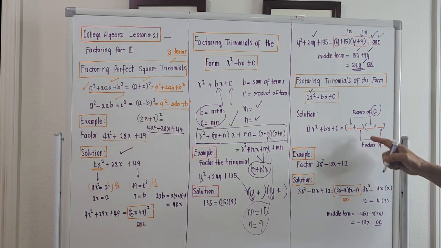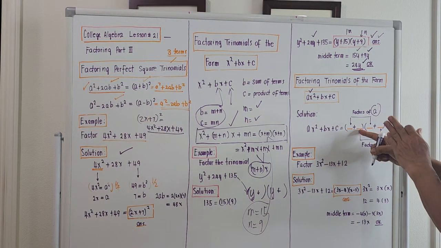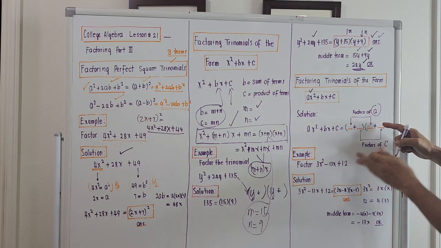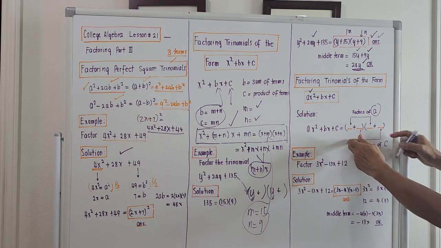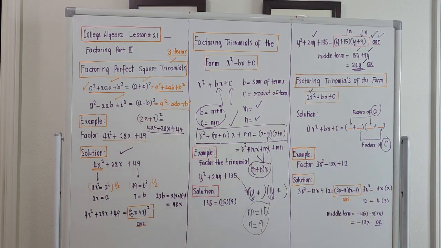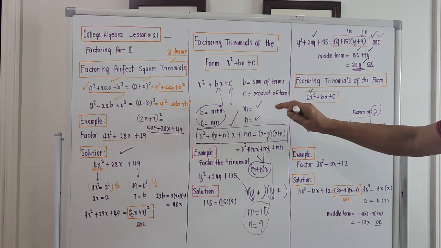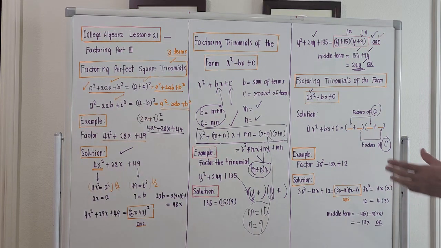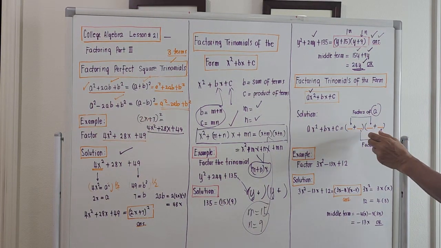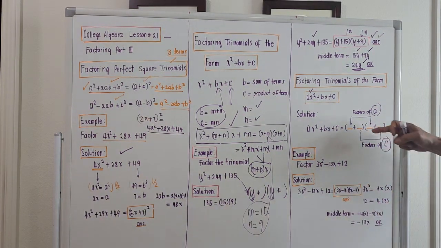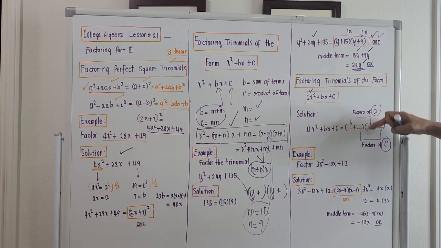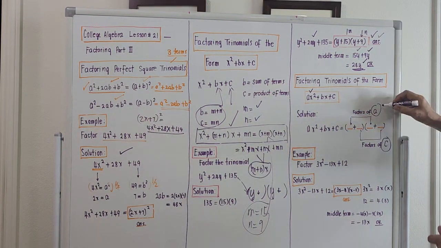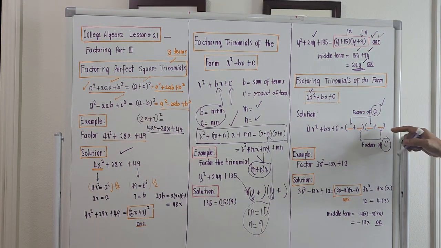And the second blank in the first quantity and the second blank in the second quantity should be the factors of c. It is similar to this form here. So we put this as blank and blank, this is blank and blank. This term here and this term are the factors of a, and for this portion, it will be the factors of c. So actually, it's trial and error.